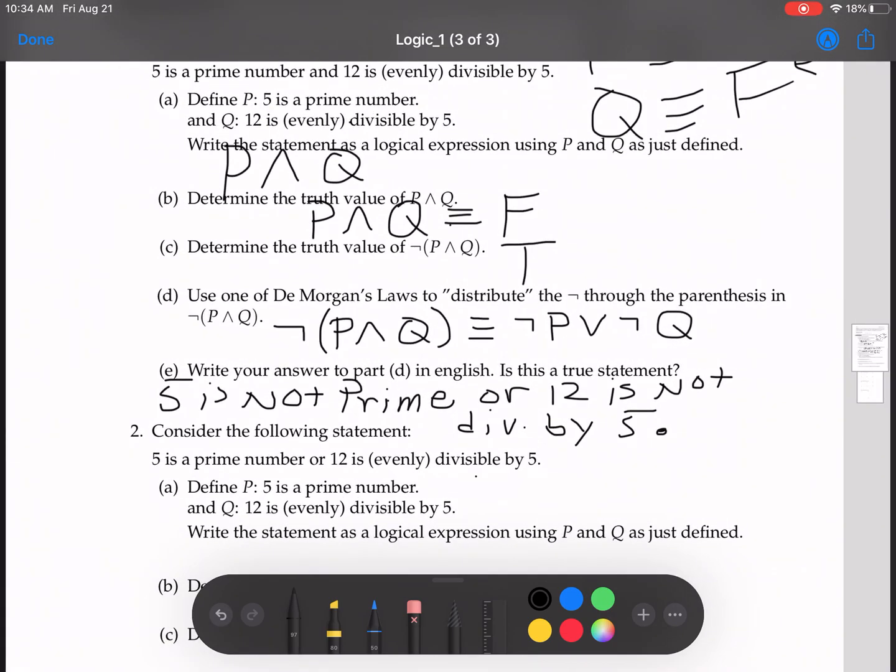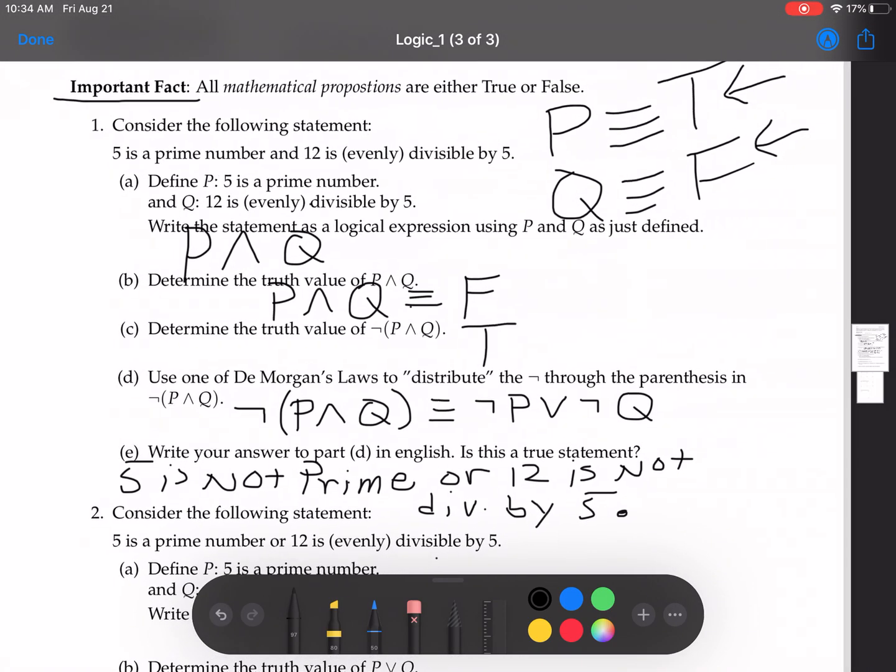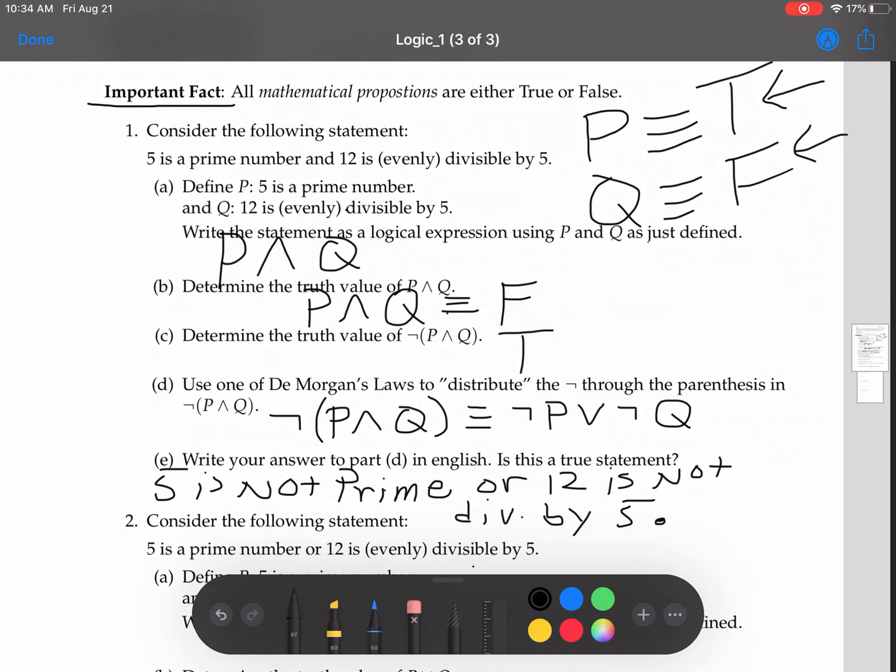Now, you might be saying, what's the point? So let me explain the point of this problem. The main point is that all mathematical propositions are either true or false.